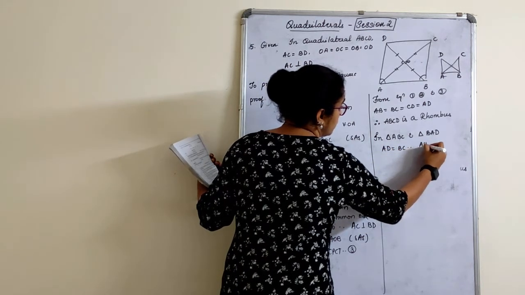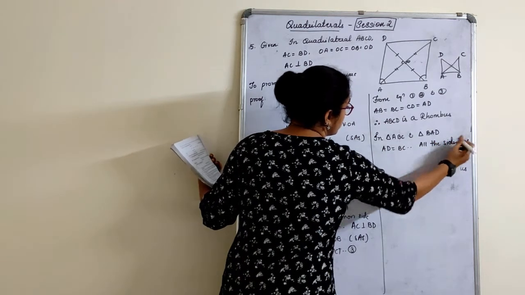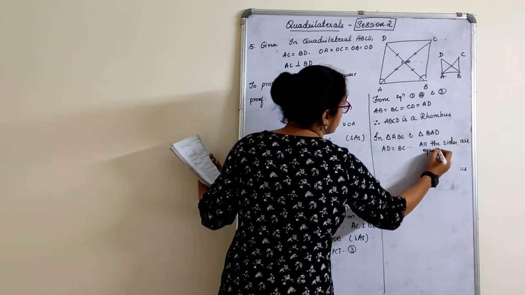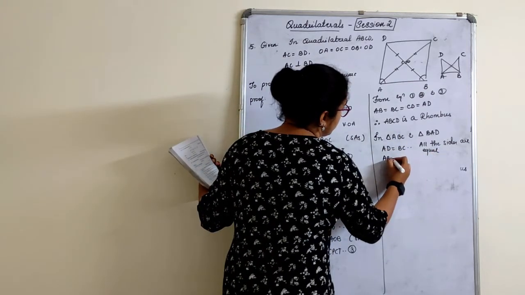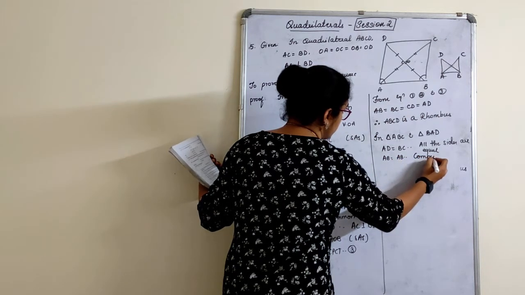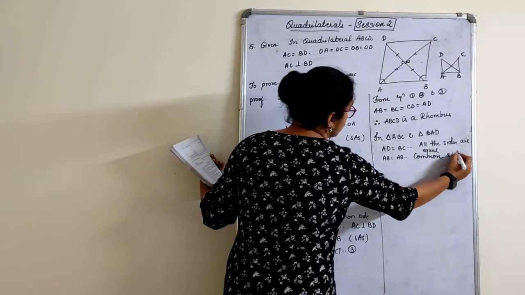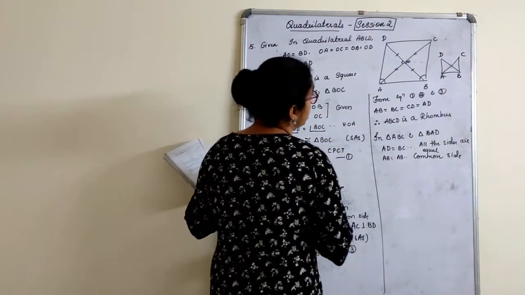All the sides are equal. Then AB is equal to AB, common side. Apart from that, diagonals are equal.